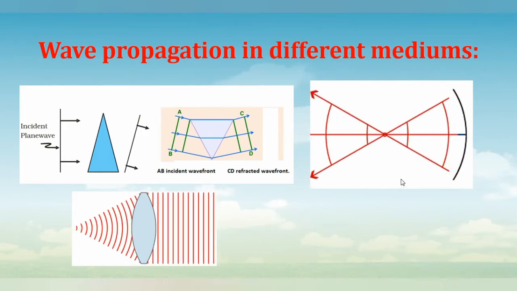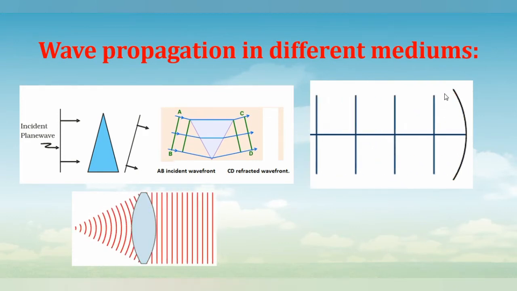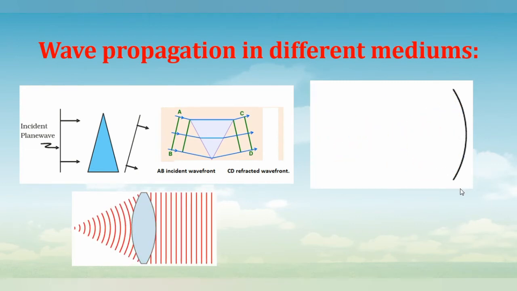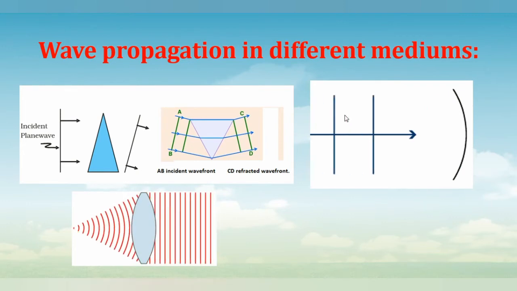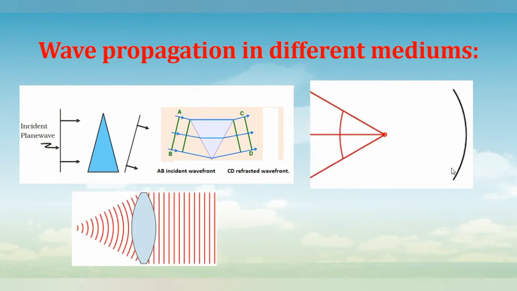If you look at this figure, here we have considered a concave mirror. It is a kind of mirror. So we are making a plane wavefront incident on this mirror.